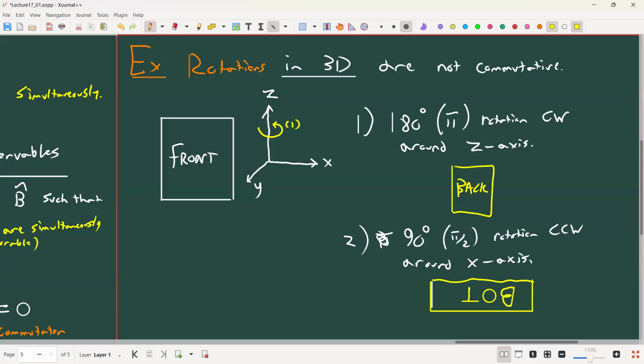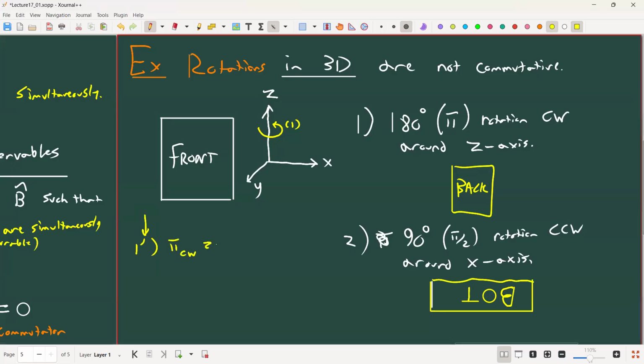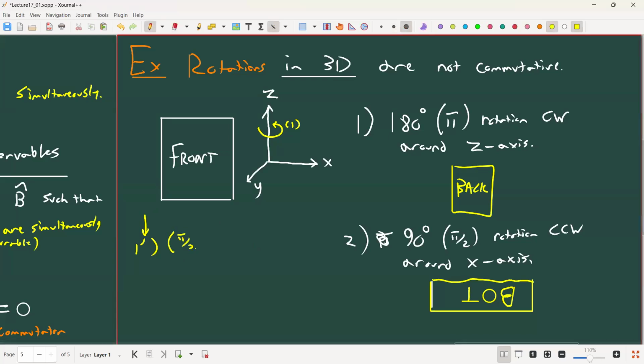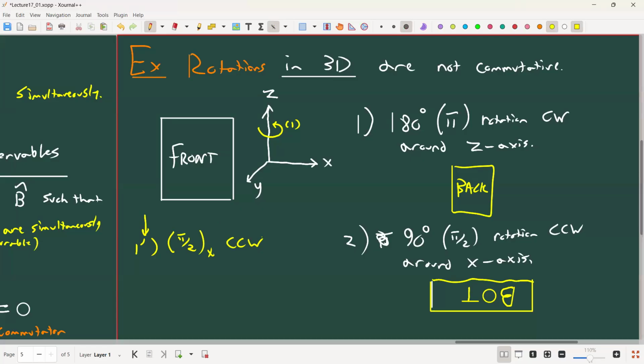Let's flip it around. Let's do the same thing. We'll start from the same position and flip our order. So, pi over 2 about x, counterclockwise. That's here.